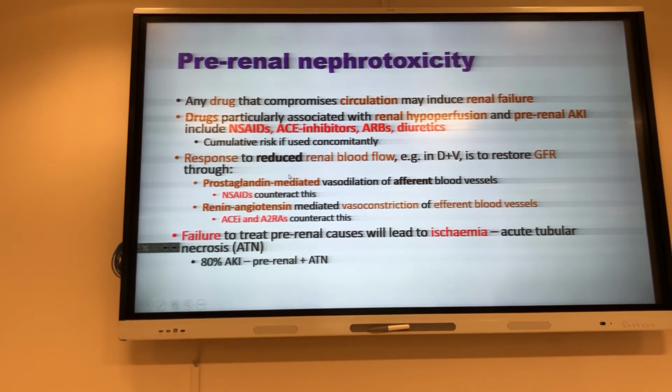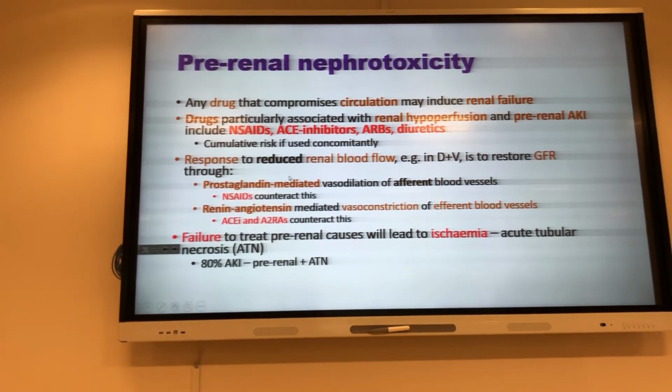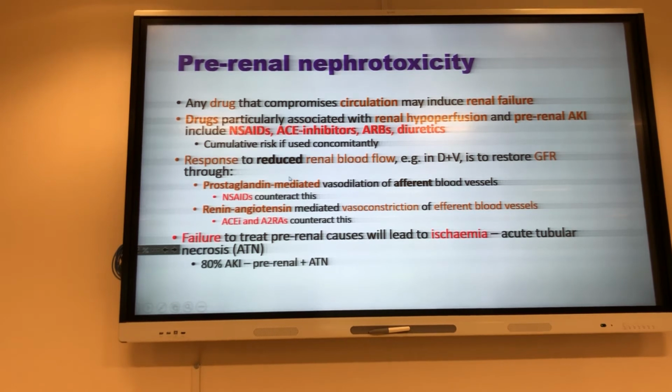So if we suspect that a patient comes with pre-renal nephrotoxicity, we try to respond to the reduced renal flow, for example in diarrhea and vomiting, by restoring GFR. We do that by prostaglandin-mediated vasodilation, which increases the blood flow to the kidney.